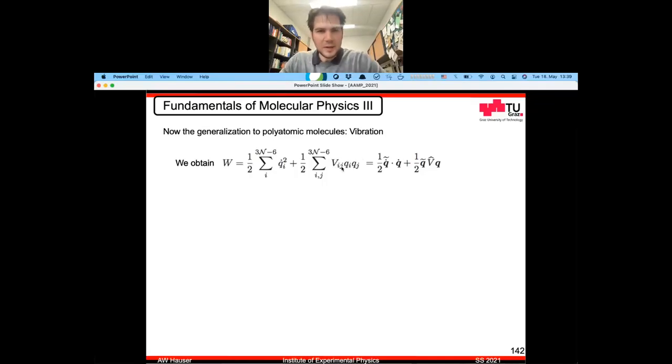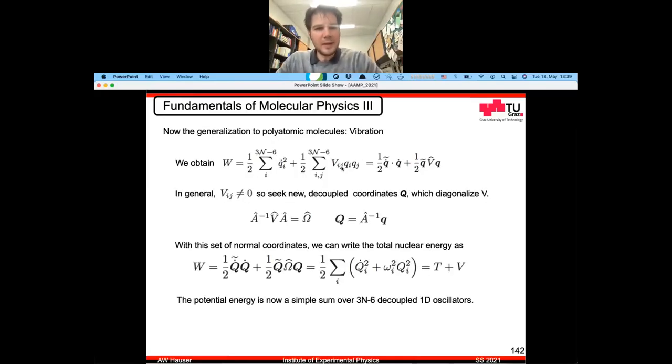So this would be the second derivatives of the potential energy surface with respect to changes in these directions, q_i, q_j, and so on. And in general, there will be lots of coupling elements. V_ij is not zero, so they're all mixed. But I'm seeking now a set of coordinates which decouples the problem.